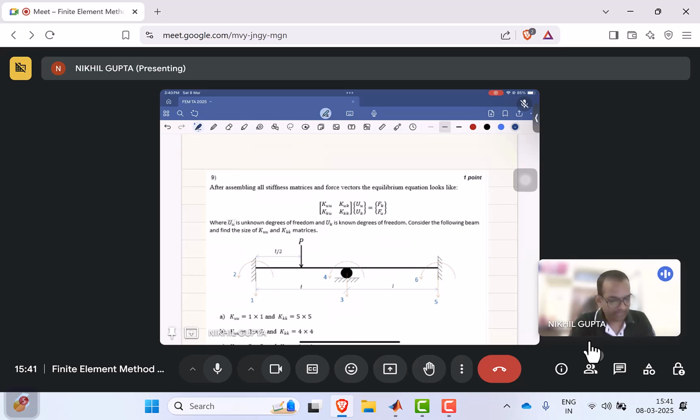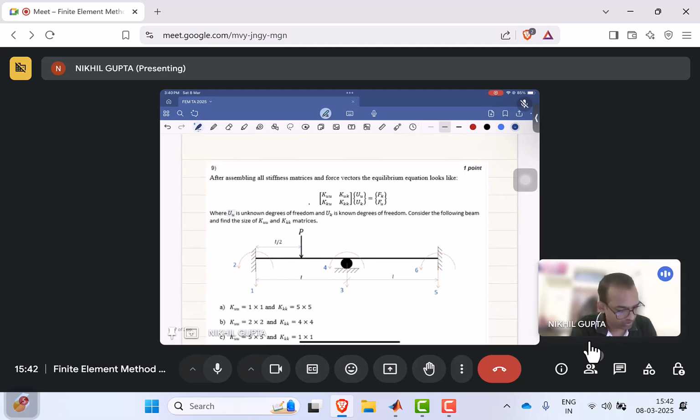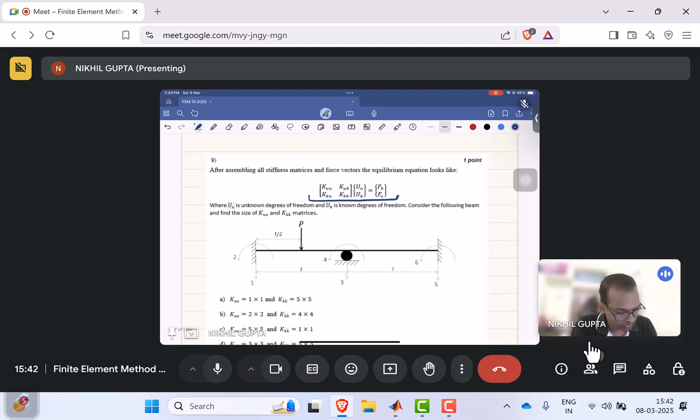So question number 9, which says after assembling all these stiffness matrices and force vectors, the equilibrium equation looks like this. You know all this. So U_U is known, U_K is unknown, and you have to find the size of this. It's not tough.